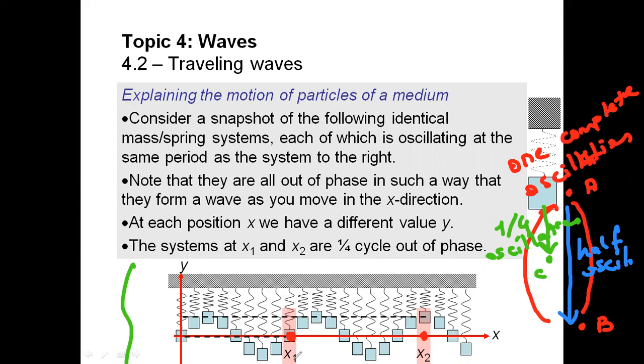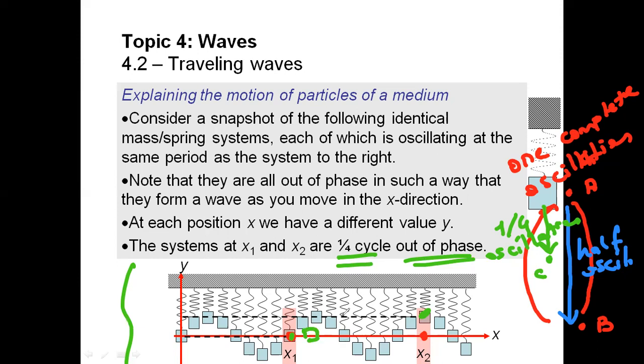So if you look at the particles at x1 and x2, we can clearly see that between these two points is the 1/4 cycle, the out of phase. If they are on the same line like this, they will be in phase. But there's a distance between these two particles on the y plane, and that distance is equal to 1/4 cycle. And we call that 1/4 cycle out of phase.